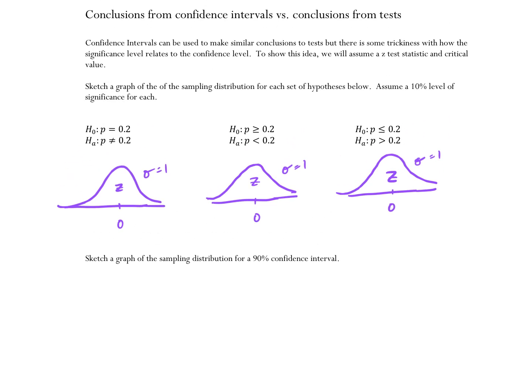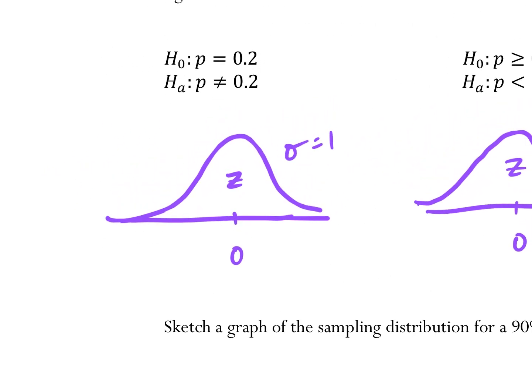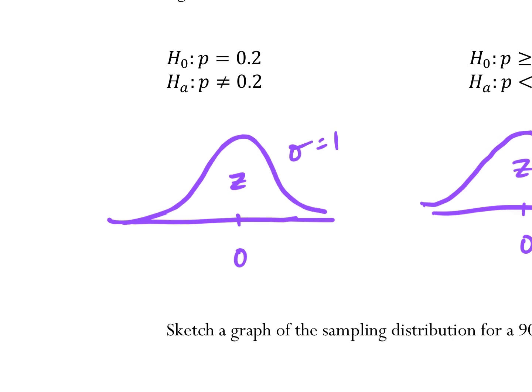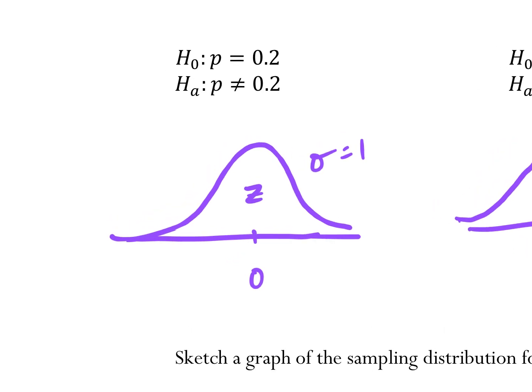We're using a 10% level of significance, right? For this graph, is it right-tailed, left-tailed, or two-tailed? Two-tailed. 10% would mean that each tail is 0.05. Is everybody with me? And if I asked you what are the critical values, you would plug this into your calculator, you would get negative 1.645, positive 1.645. That's what those two values would be.